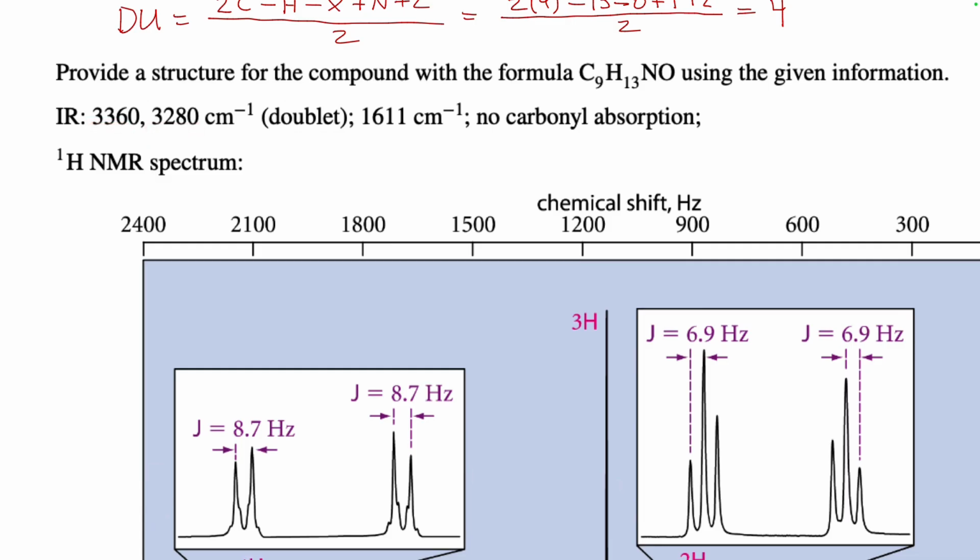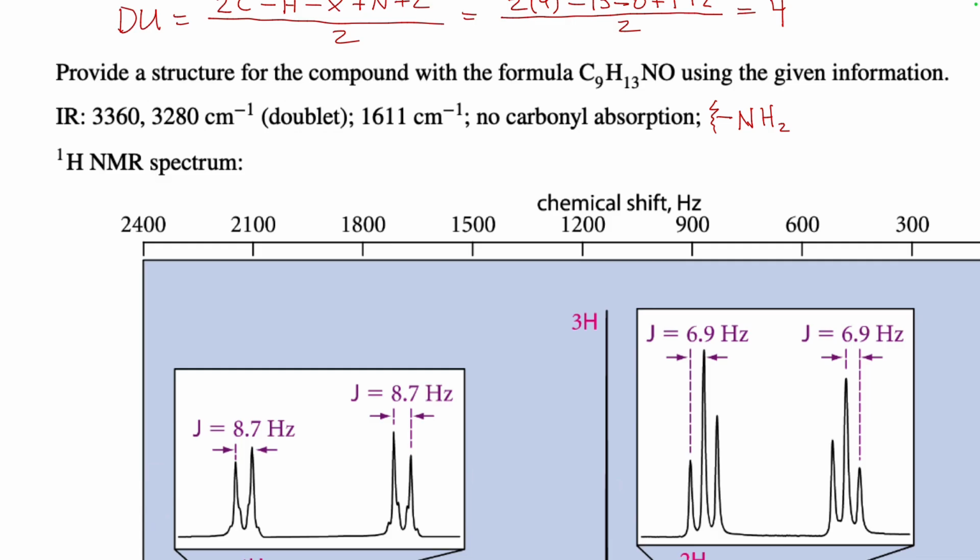The way to read that is this is an N-H containing molecule, and the fact that there's 2 spikes says that there's actually 2 N-Hs. So this is really useful stuff. We've got right now one of the pieces that we know we need to look for. We have an NH2, and of course that's attached to something, but we just don't know what yet. That's one of our pieces from the IR spectrum.